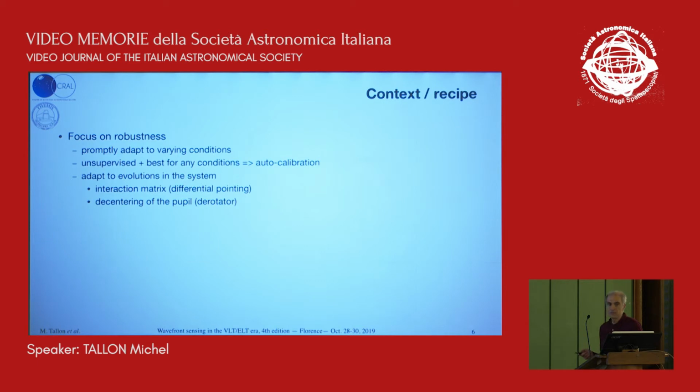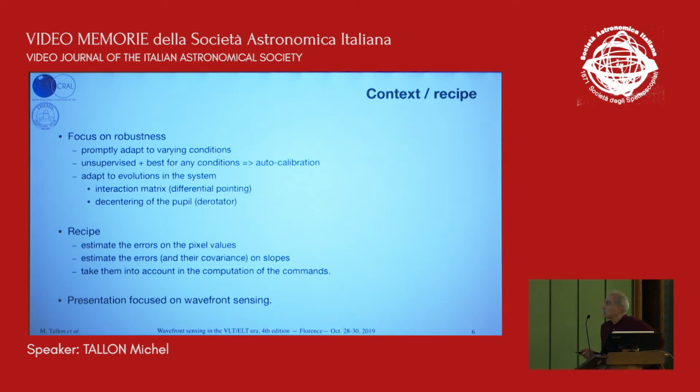We have an evolving system, because the interaction matrix is evolving: we have a tip-tilt pointing mirror inside the beam, and it shifts the image of the DM. And we have a derotator somewhere upstream, so there is decentering of the pupil.